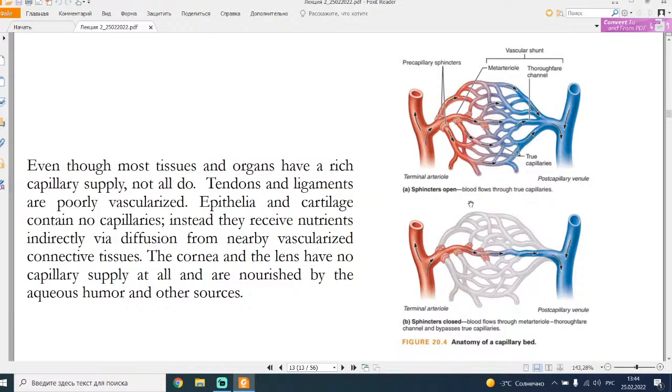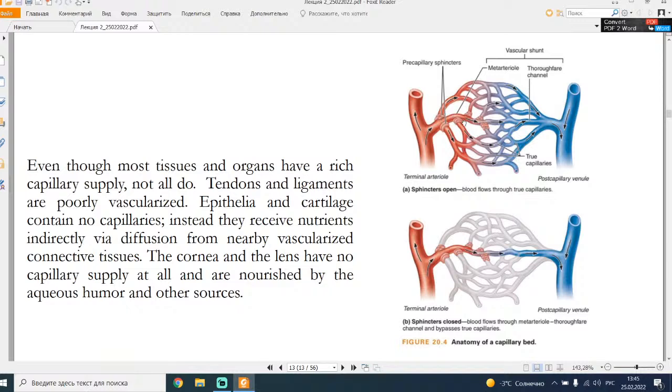This you see, the capillary bed. This is bypassing. This is sphincter closed, blood flows through the meta-arteriole, thoroughfare channel, and bypasses the capillaries.